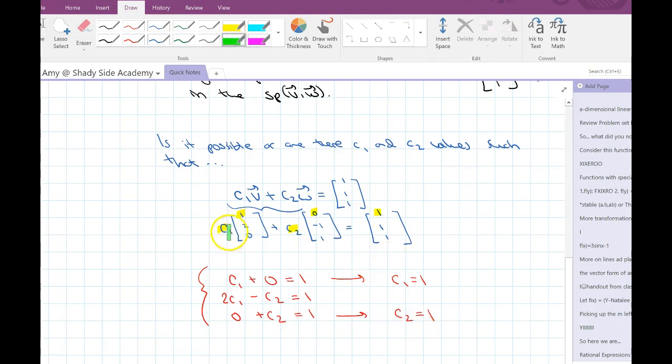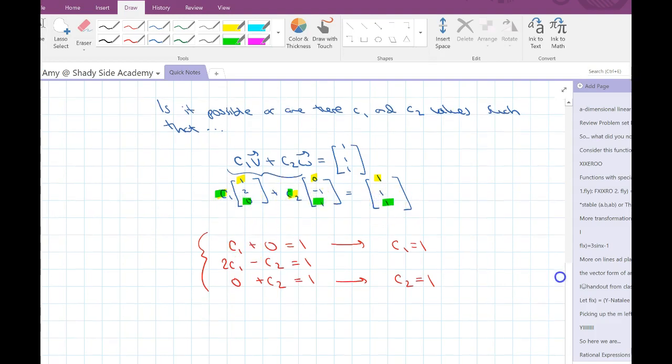And 1 times 0 plus 1 times 1 does equal 1. The question is, we've got to make sure that these values of C1 and C2 also work out here. So let's check. 2 times 1 minus 1, does that equal 1? Check. Yes, it does. Very well done.